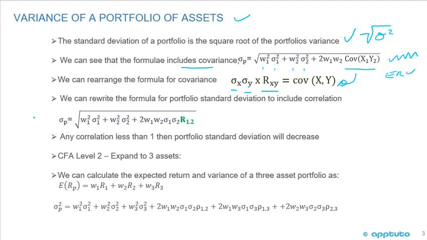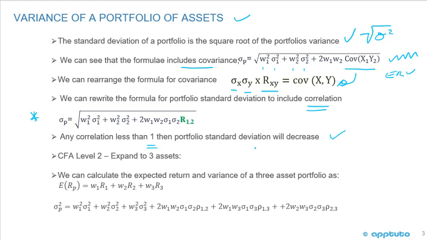So now I can rewrite the formula for portfolio standard deviation to include correlation. So I've rewritten it here. You can see I've substituted the covariance for standard deviation of 1 times standard deviation of 2 times the correlation. Okay? So any correlation less than 1 and the portfolio standard deviation will decrease.